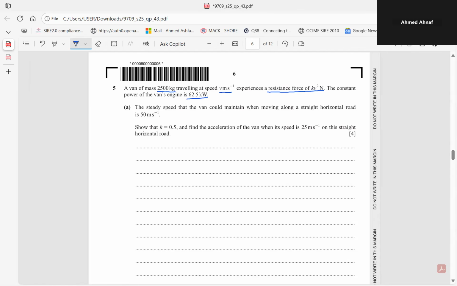For the first part, we're told that the steady speed that the van could maintain while moving along a straight horizontal road is 50 meters per second. Show that k equals 0.5 and find the acceleration of the van when its speed is 25 meters per second on the straight horizontal road.